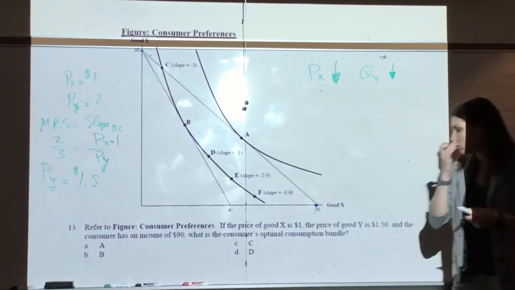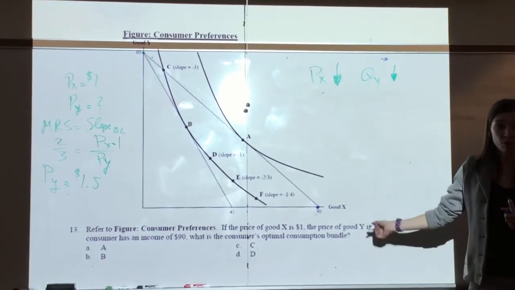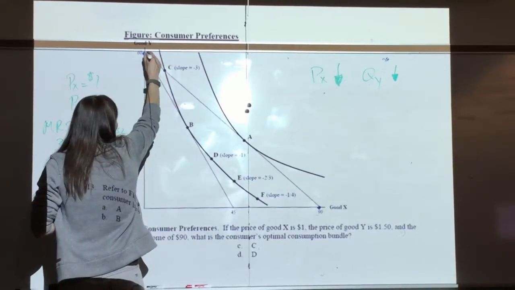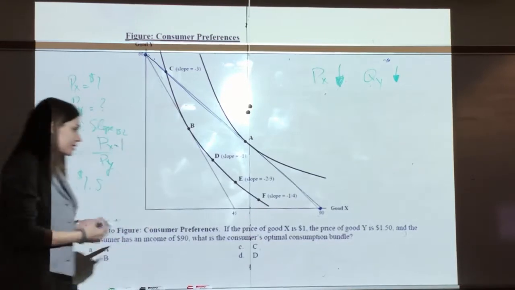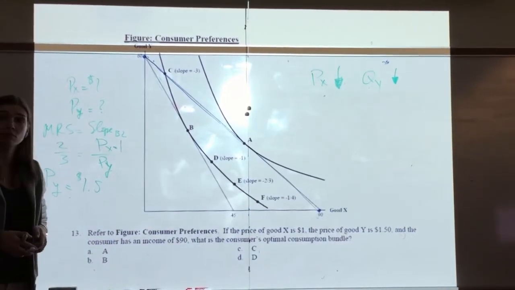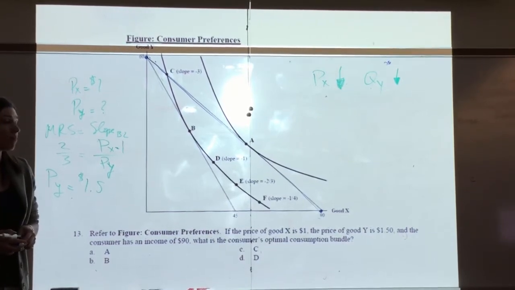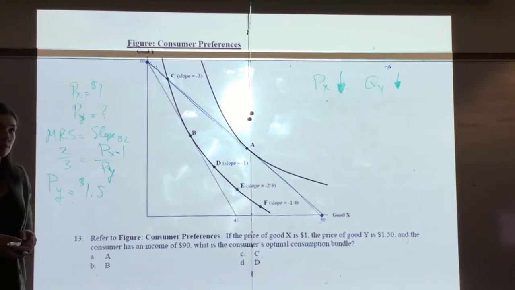And if they spend all of it on Y, how many can they buy? At 1.5, 60. So basically we're told that we are on this budget line. And the question is, what is the consumer's optimal consumption bundle? A. Right? Simple as that.